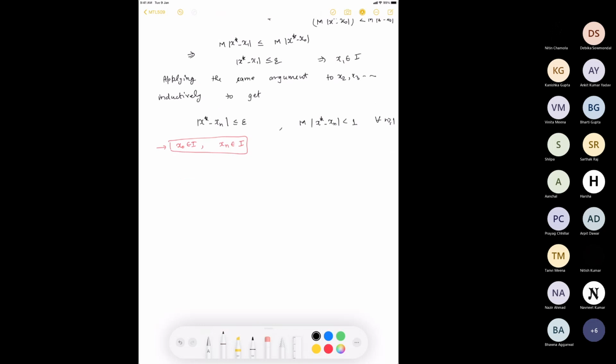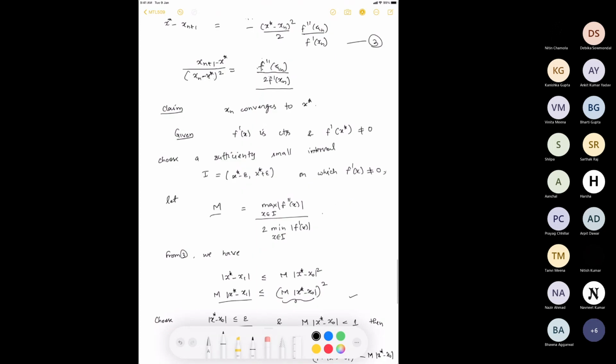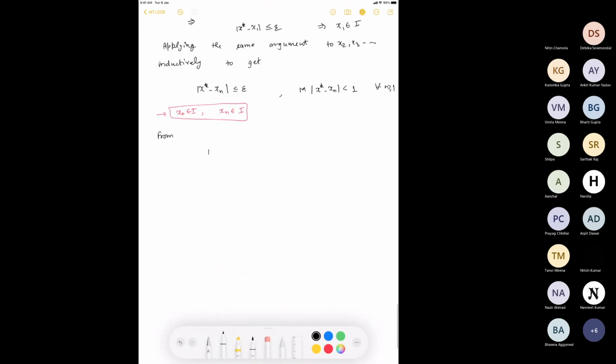So for that, let's again go back to the relation of xn plus 1 and xn. What is the equation we have? Equation 3. We have that |x star minus xn plus 1| is less than or equal to m times |x star minus xn| squared.